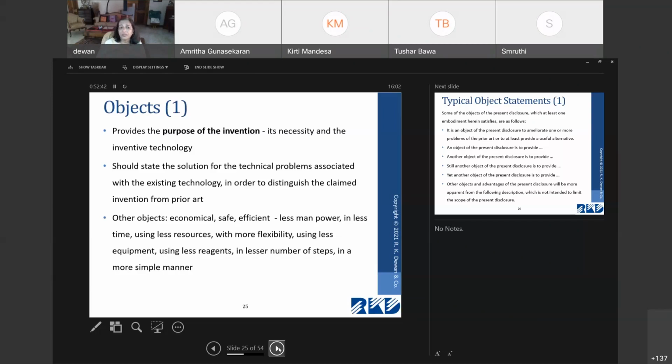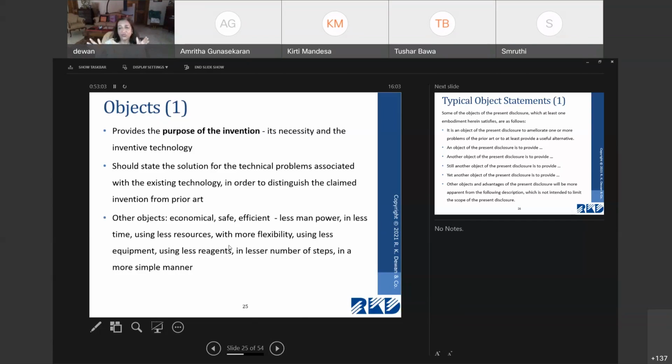Any of these could be the advantages you are getting from your invention. So we have talked about using fewer resources, but we are not saying how. Objects of the invention are, remember, advantages.